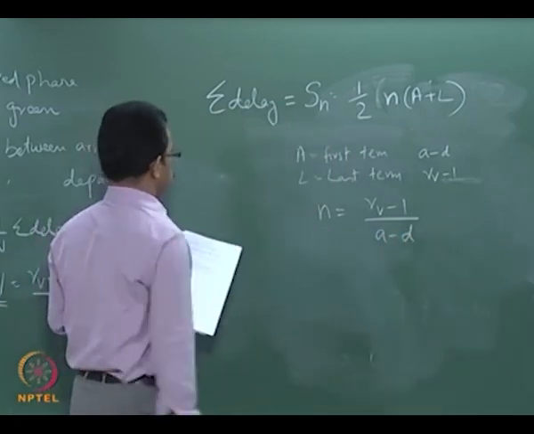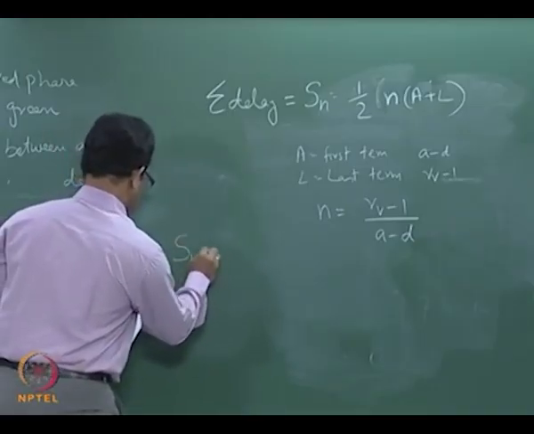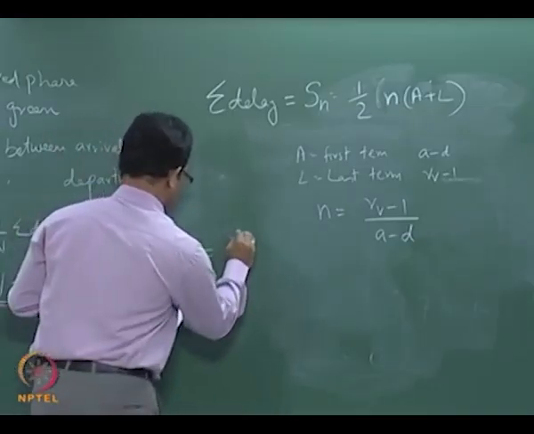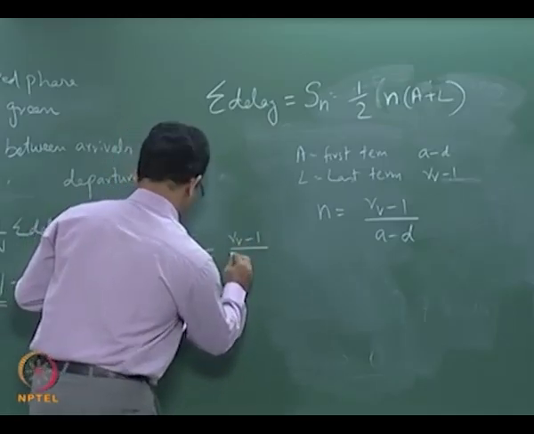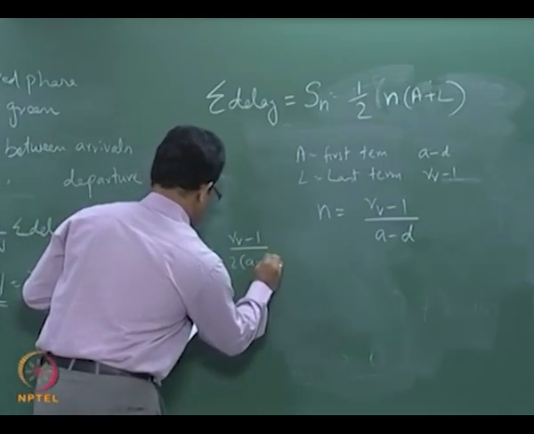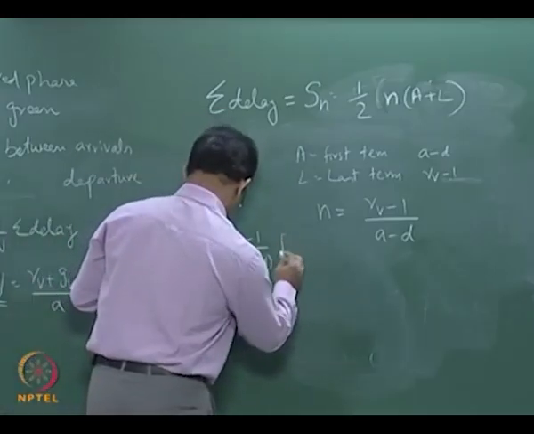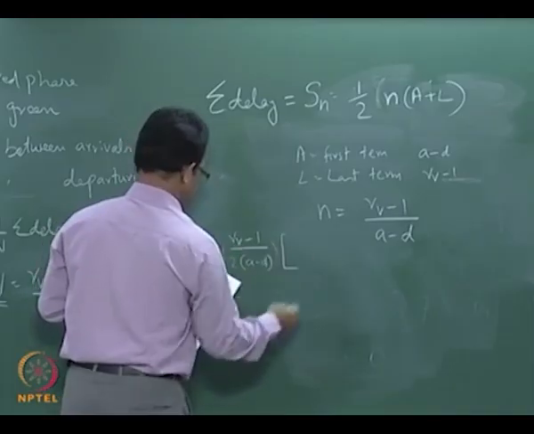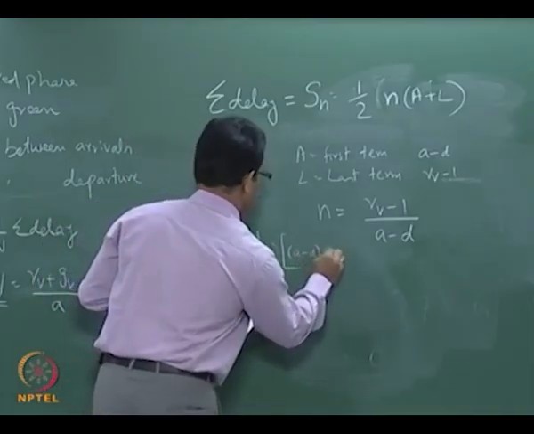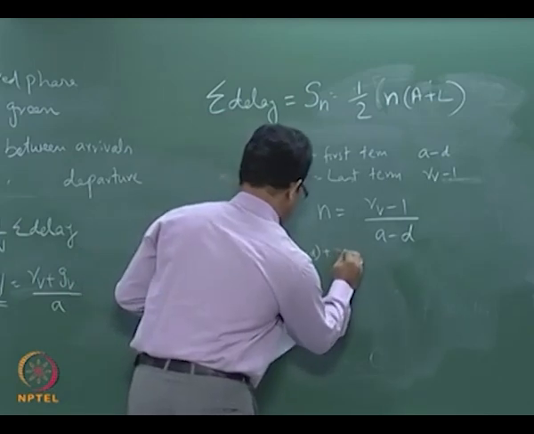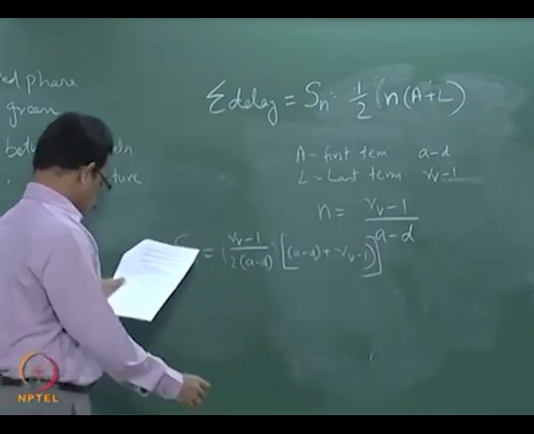So using this relationship we can write Sn as RV minus 1 divided by 2 times (A minus D), multiplied by, so this stands for the n, and then A minus D plus RV minus 1, that is the delay.